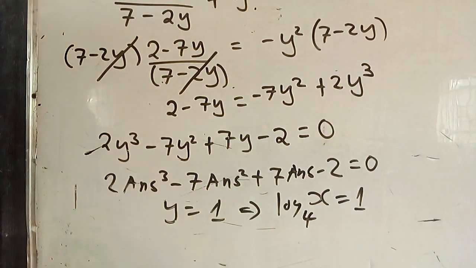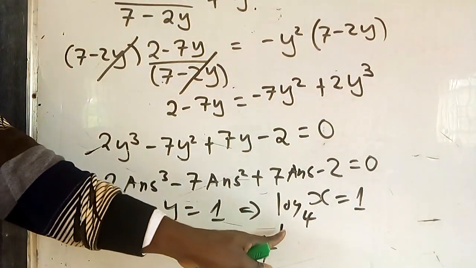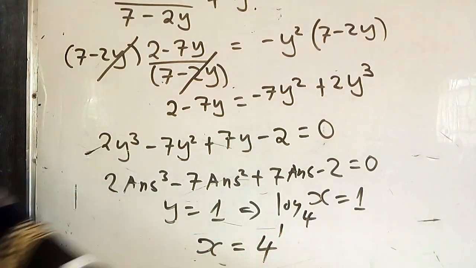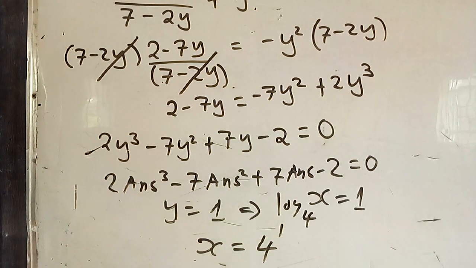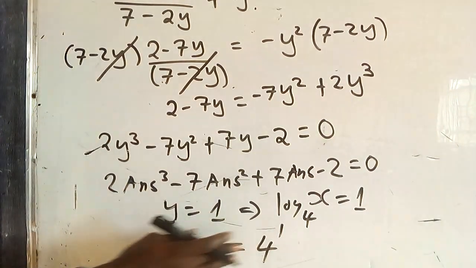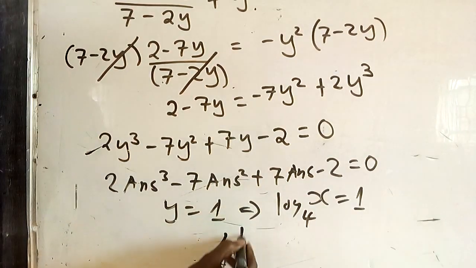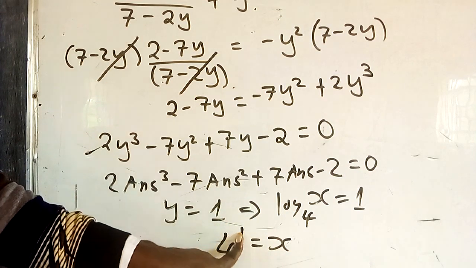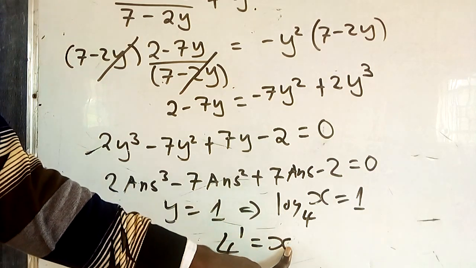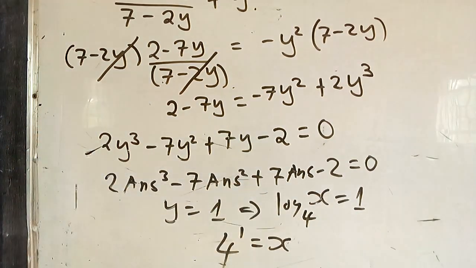It means x is equal to 4 raised to power 1, which is 4. By the definition of logarithms, 4 is the base, the index is 1, and the corresponding number is x.